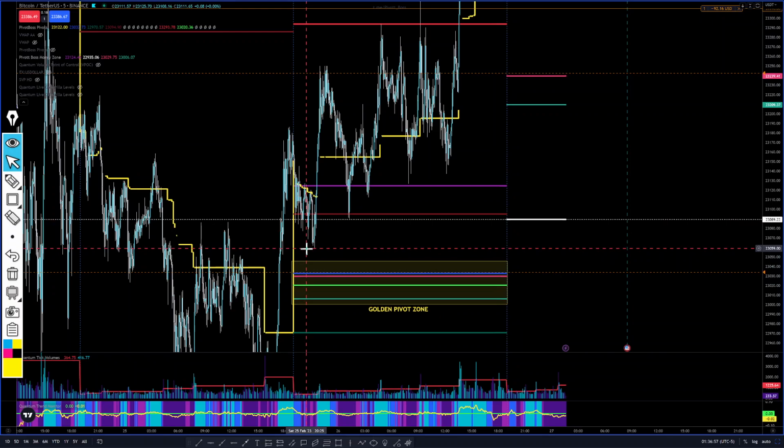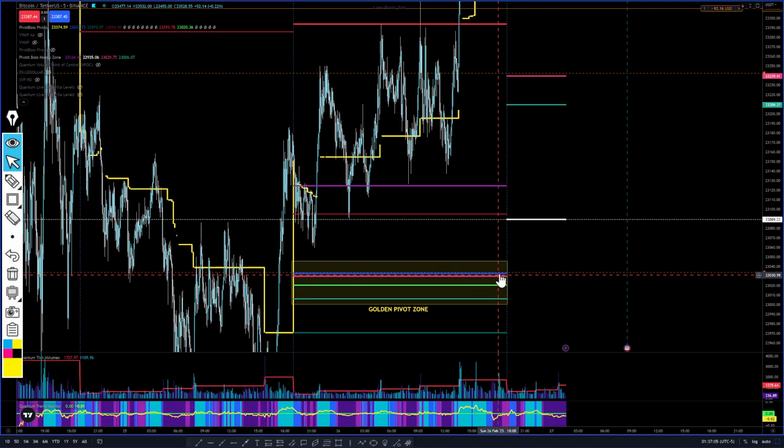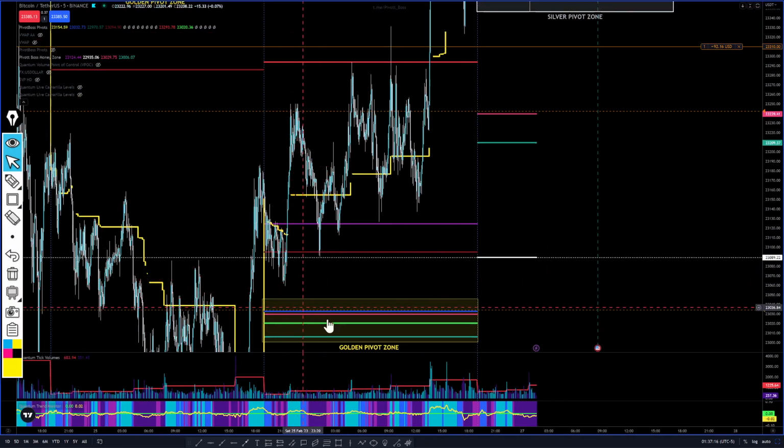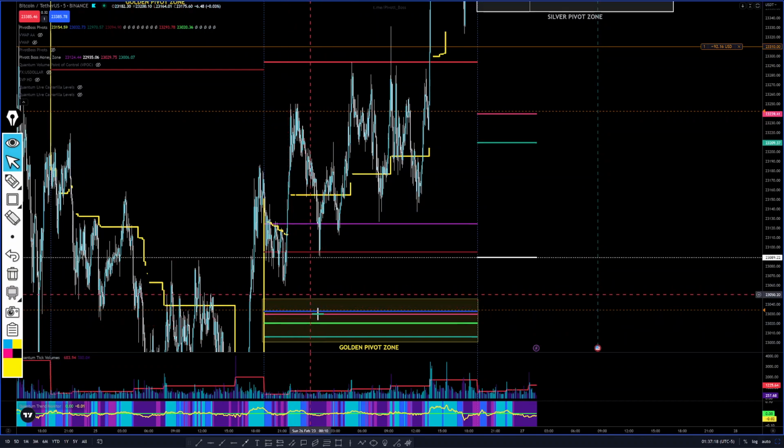Price came down to 23,059, and the pivot level was approximately 23,031.96, so it didn't interact with it at all. It found support above that level. It was a deterrent for price to come back to this level because buyers front run this area.